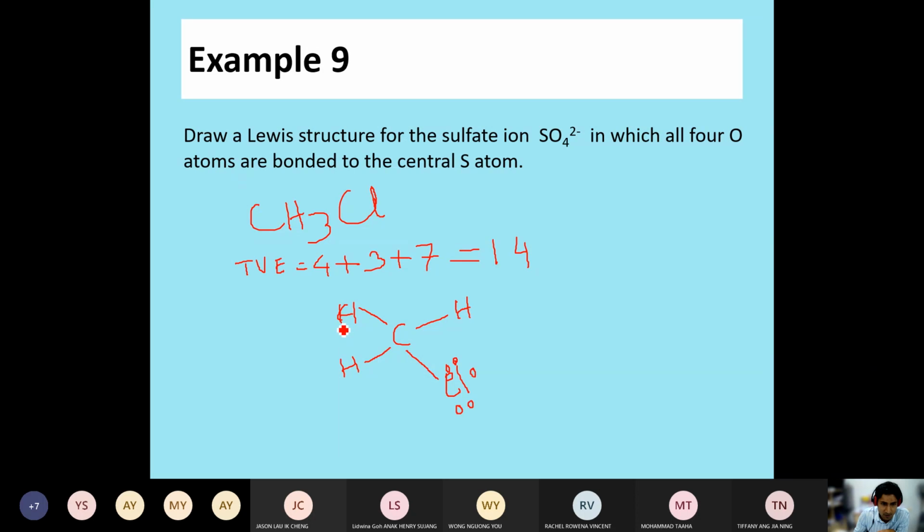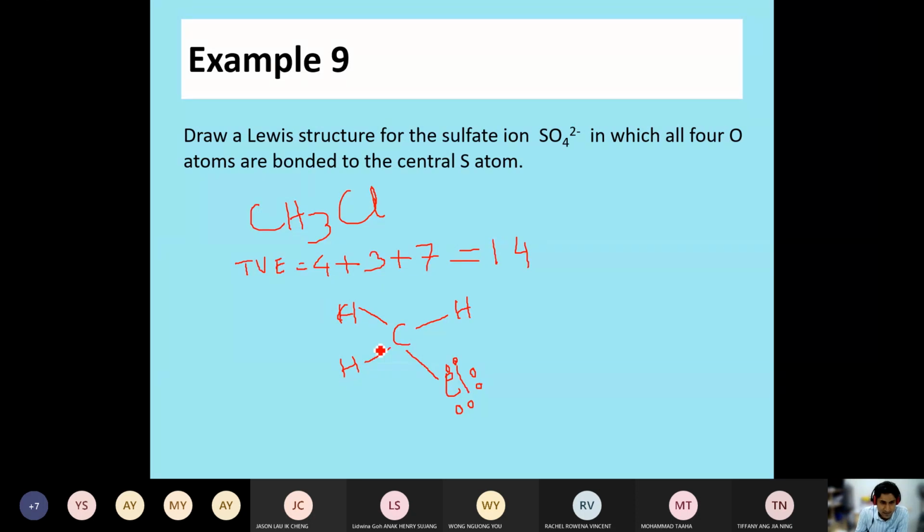All right, and then we fill up the octet for chlorine, right? For hydrogen, do I need to fill up the octet? Hydrogen cannot, because hydrogen does not have the capability of taking more than 2 electrons, right? It cannot expand, its size, it will break, metaphorically I'm saying.